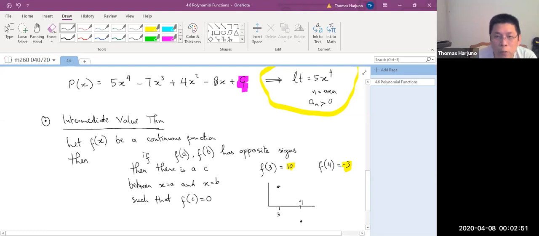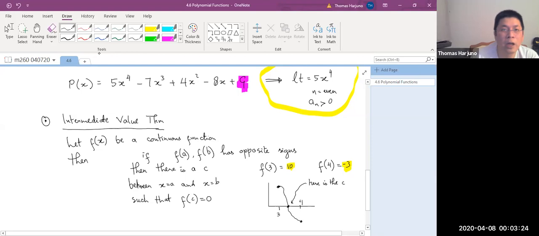For me to move from (3, 10) to (4, -3), I must cross the x-axis.